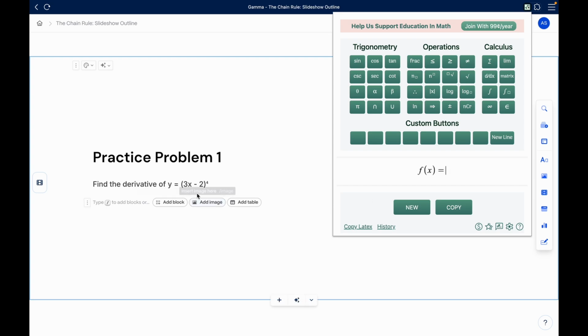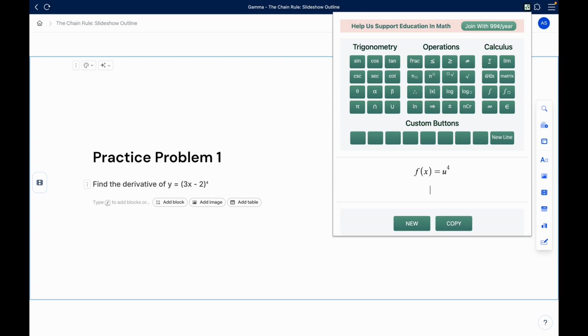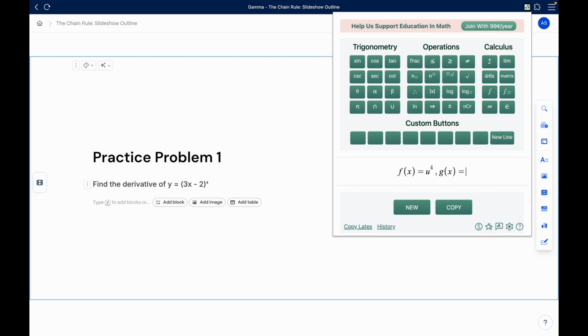F of x, the outer function, is u to the power of 4. G of x, on the other hand, is the inner function, and that will be equal to 3x minus 2, as it's the inside to the power of 4.